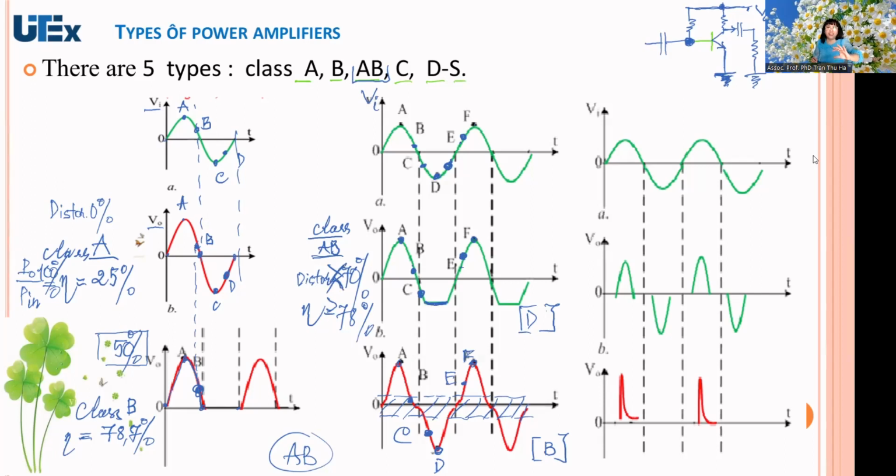Maybe distortion only 30%, maximum 30, 25, 22%. We are willing to receive distortion reduced, right? And we are willing to increase efficiency.